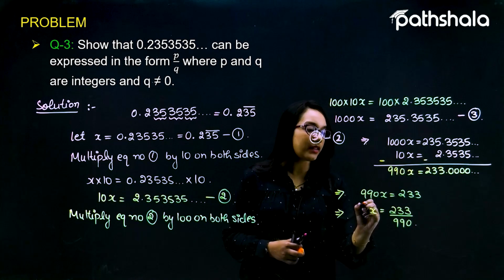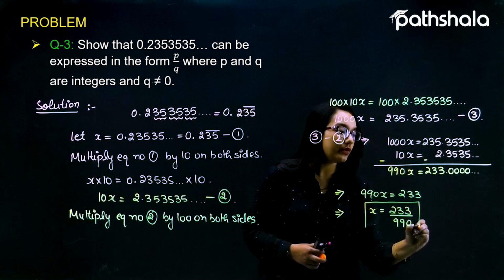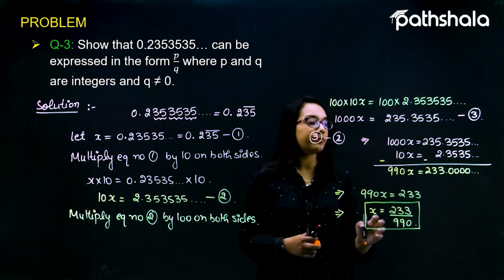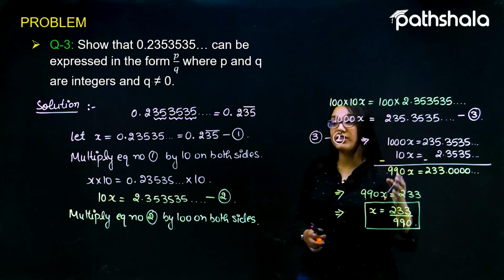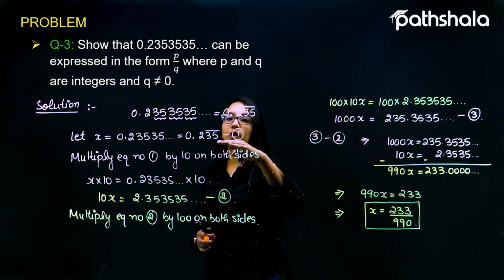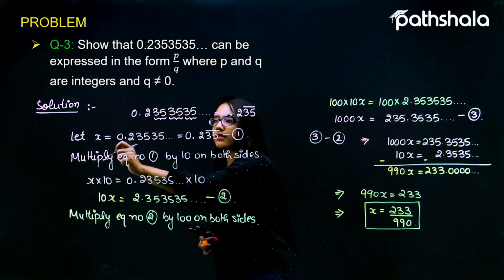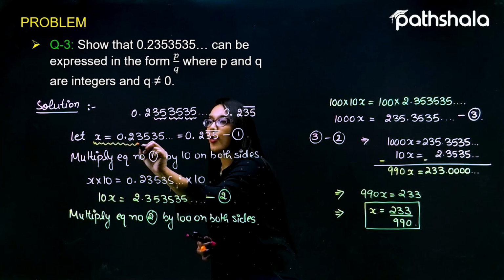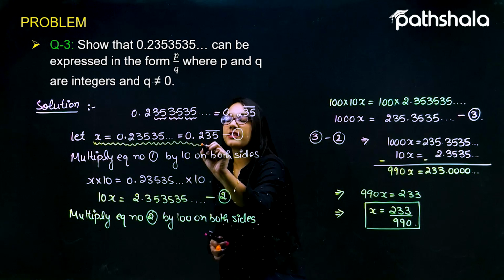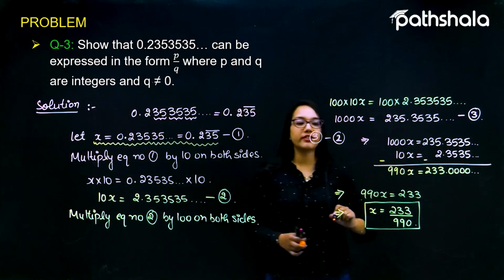So this is nothing but the value of x, the fraction 233 by 990, which is equivalent to the number in equation number 1, because from equation number 1 we know that x is equal to 0.235 bar.